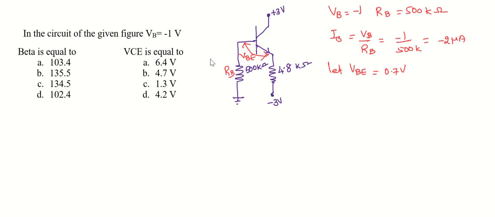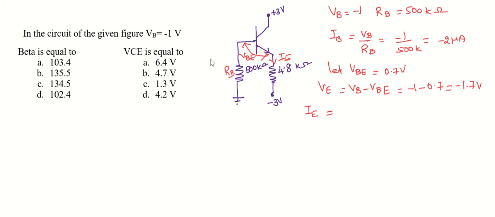So the voltage at the emitter terminal can be calculated as VE equal to VB minus VBE, which is equal to minus 1 minus 0.7, equal to minus 1.7 volt. Now the emitter current IE, that is the current flowing at the emitter terminal, can be calculated as this voltage minus this voltage.